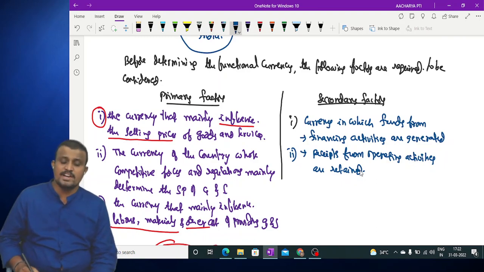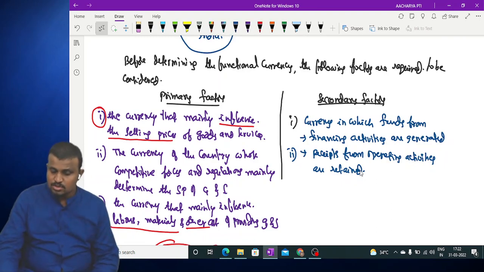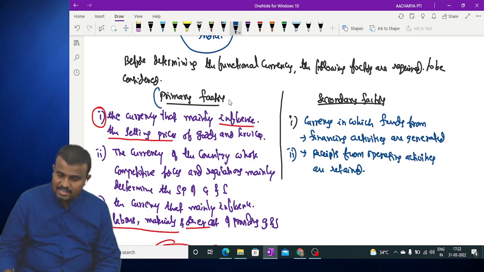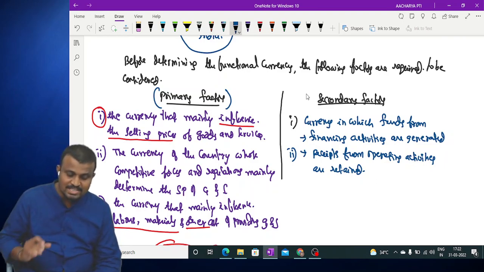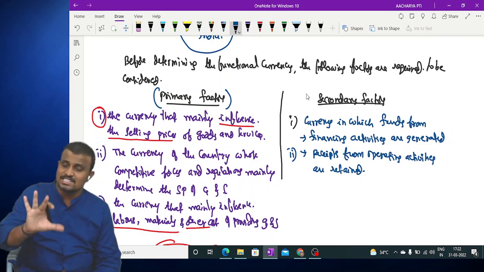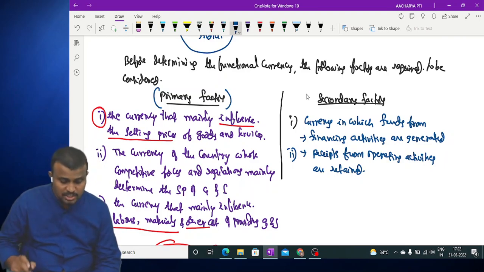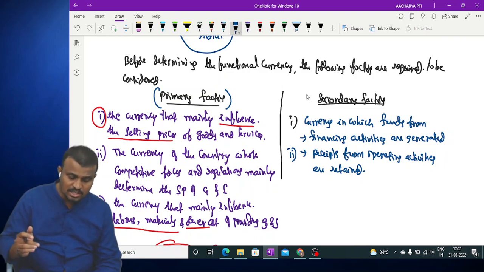So along with the primary factors, we also need to consider the secondary factors. These are extended factors required to be considered before considering that currency as a functional currency.